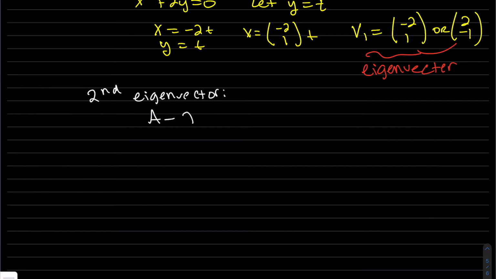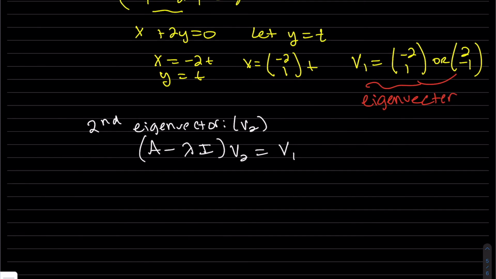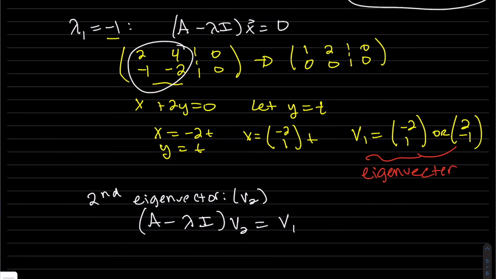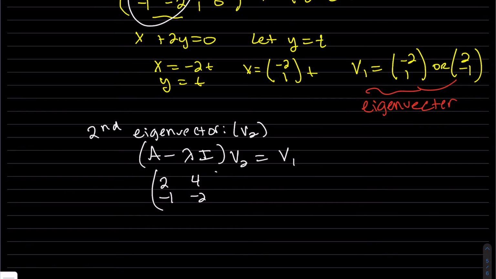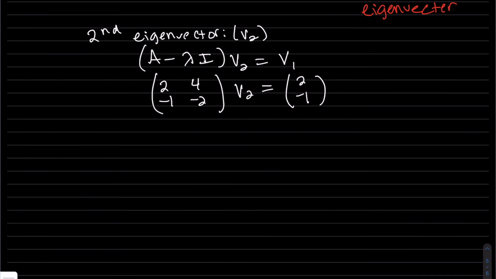It's A minus lambda I times V2 that we're trying to find, and we put in V1 there. So A minus lambda I, again, it's the same lambda. So it's going to be 2, 4, minus 1, minus 2. My V2 I'm looking for, and my V1 I just found, 2, minus 1. And to solve this, we augment it, not with 0, but with that V1.